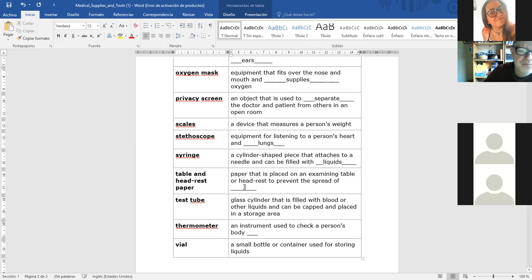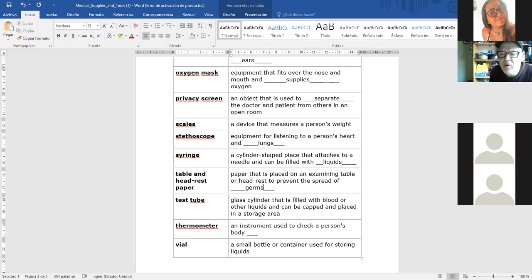Good, Martina. Very good, Martina. So this is a paper that we put on the examining table, examining bed, to prevent the spread of germs, para prevenir la propagación de gérmenes, the spreading of germs.